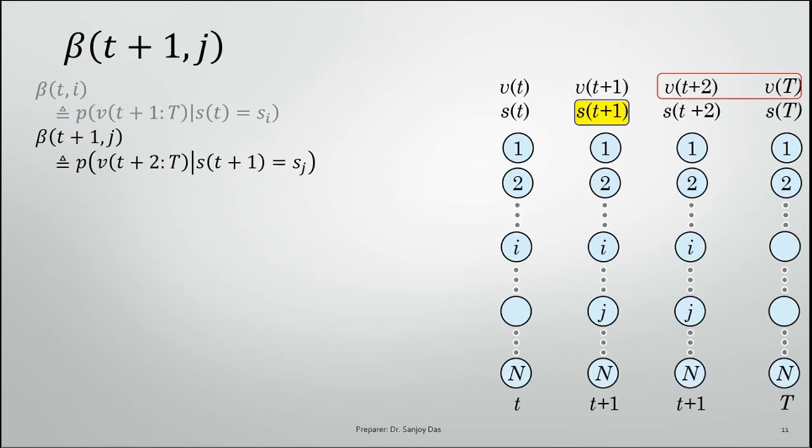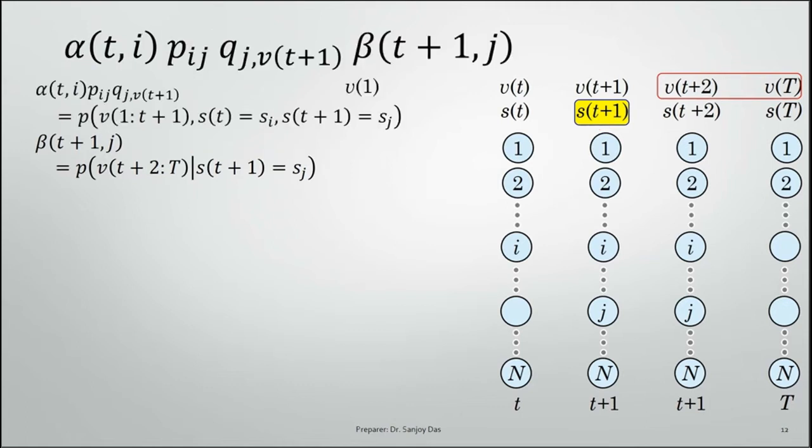Following the same definition, beta t+1(j) is the probability of the future sequence Vt+2 to VT, given that at time t+1 the state is Sj. So this is the expression for beta t+1(j).